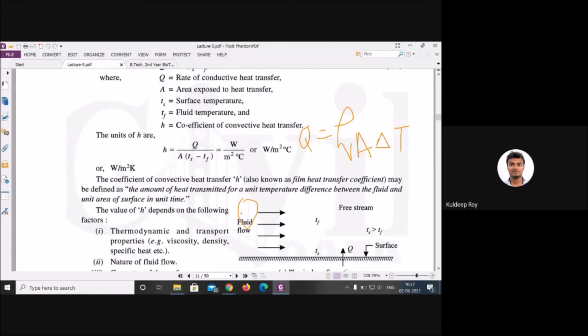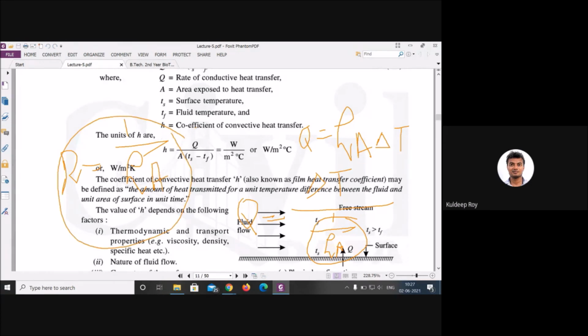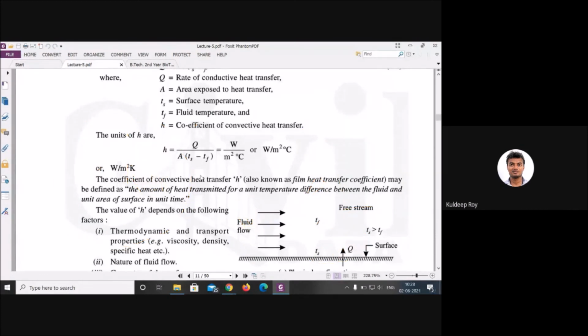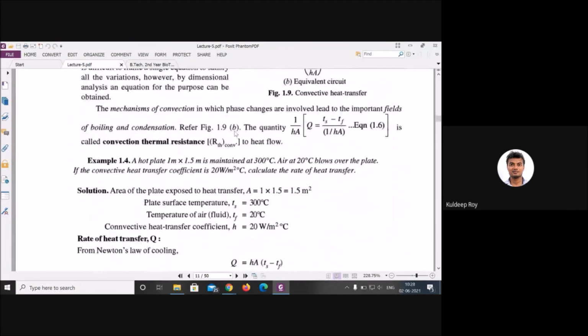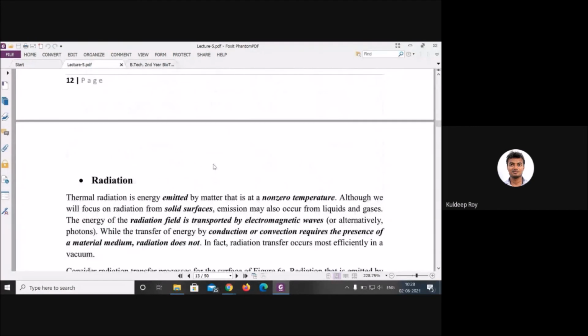If you express Q in terms of resistance, with the temperature difference and the resistance, then the resistance will be 1 by hA. This is the resistance for convective heat transfer. So we have finished conduction and convection.